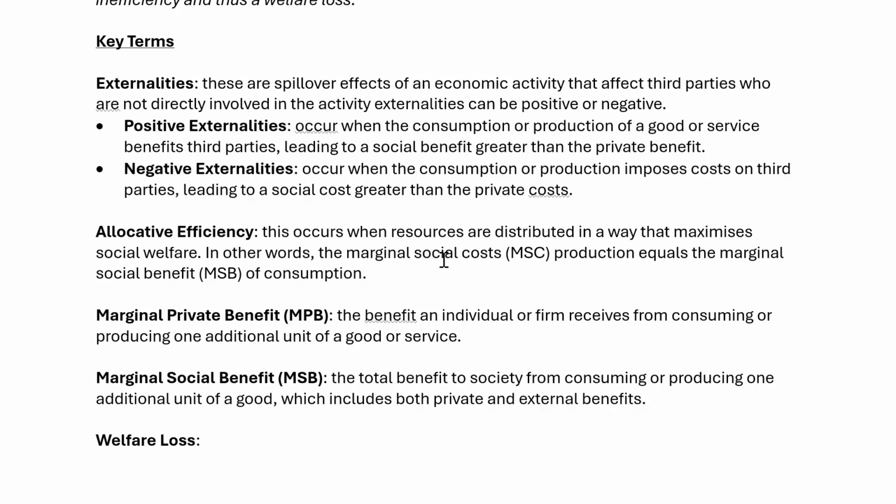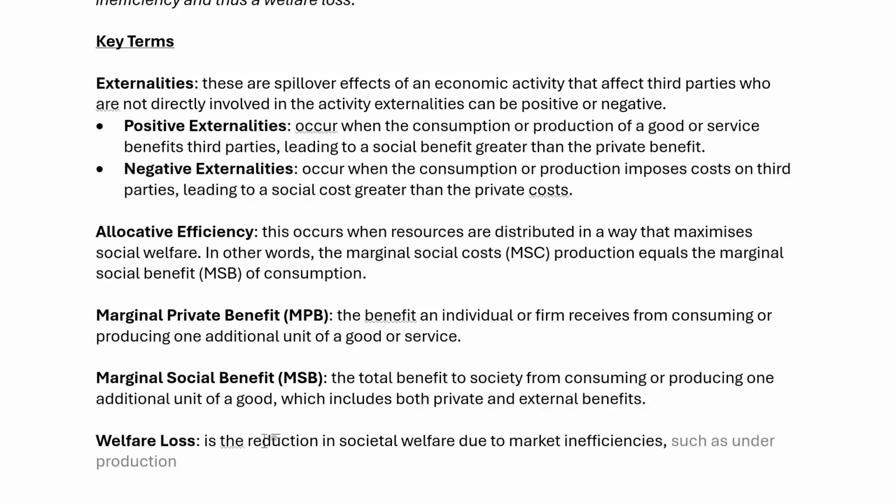And lastly, we're going to talk about welfare loss. This is related to this idea of deadweight loss. So this is the reduction in societal welfare due to market inefficiencies, such as underproduction or overproduction relative to the socially optimal level.